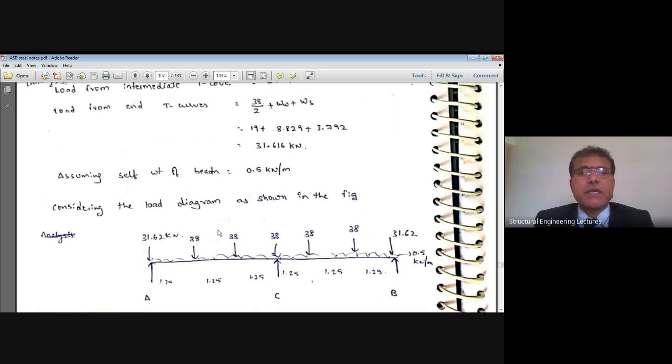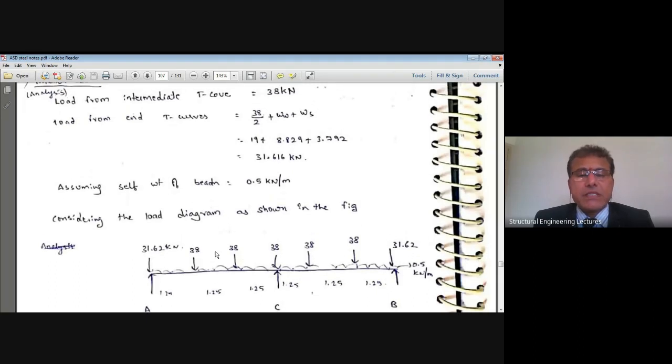These stiffeners are supported on the longitudinal girders. Below that, we do have a support in the form of a longitudinal girder. Therefore, this longitudinal section itself shows the load coming onto it from the stiffeners.